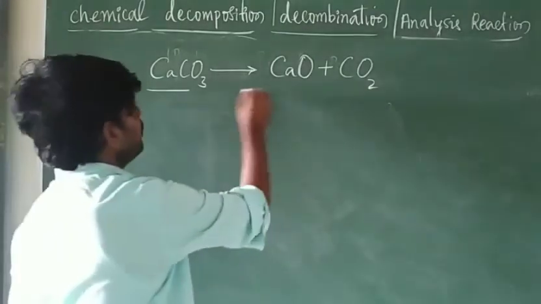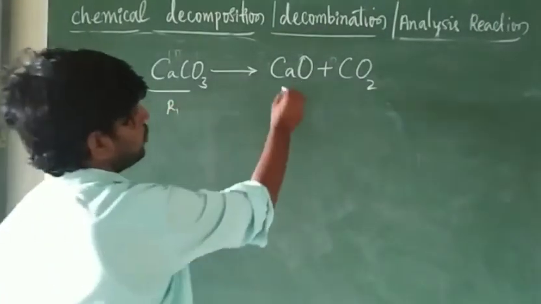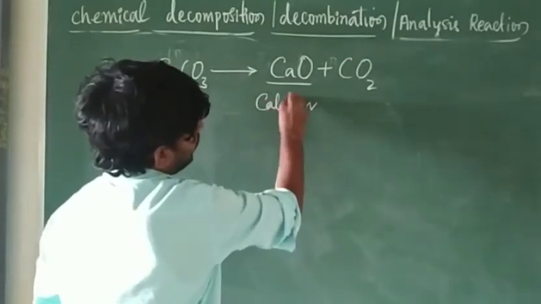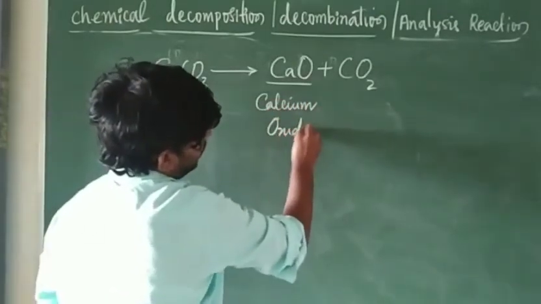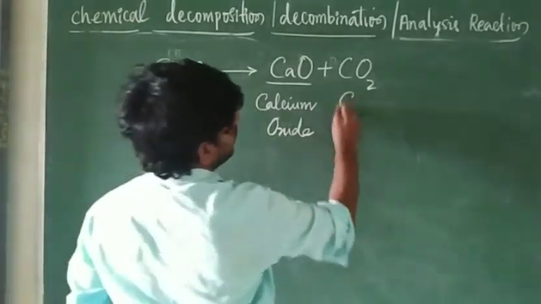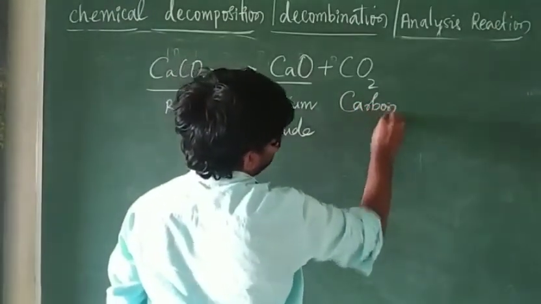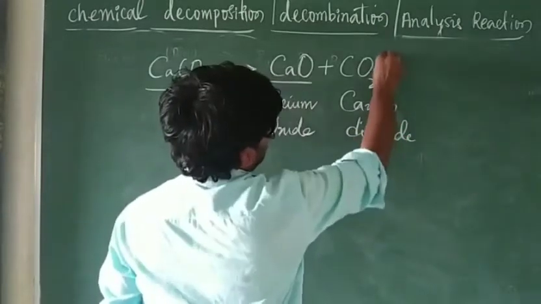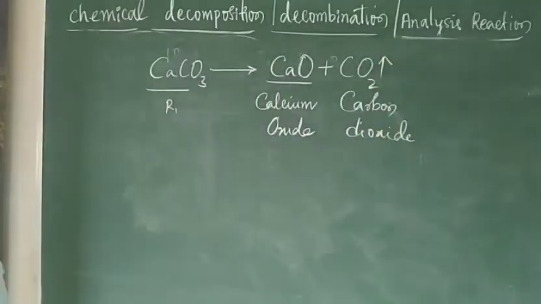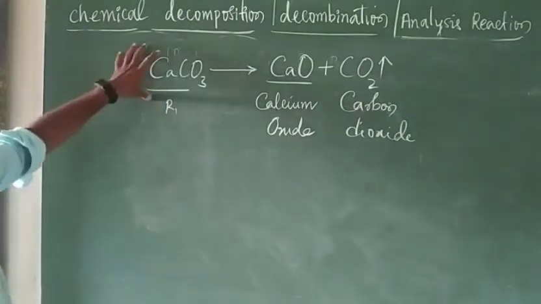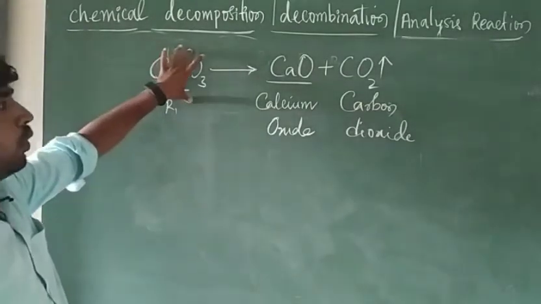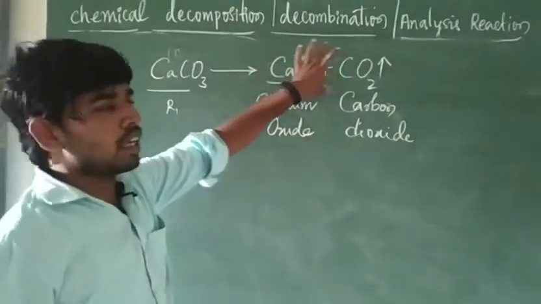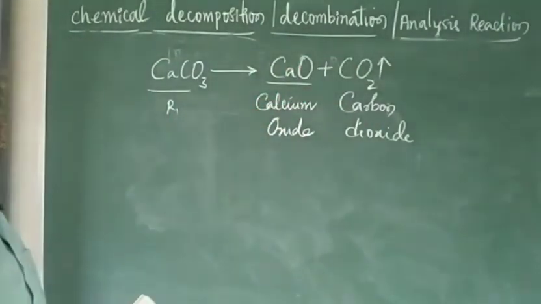It forms calcium oxide, and one more, carbon dioxide. It is a gas. So it forms 2 products: one reactant, calcium carbonate, reacting itself to form calcium oxide and carbon dioxide.